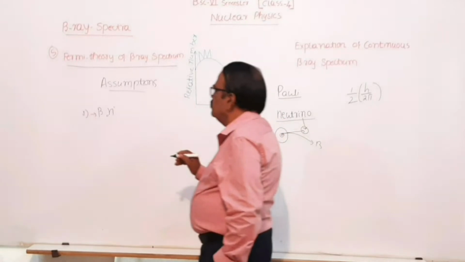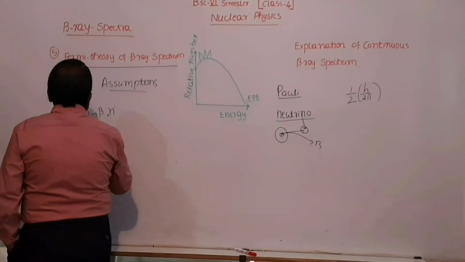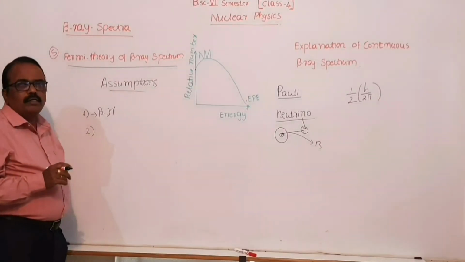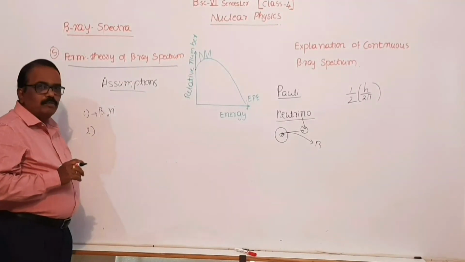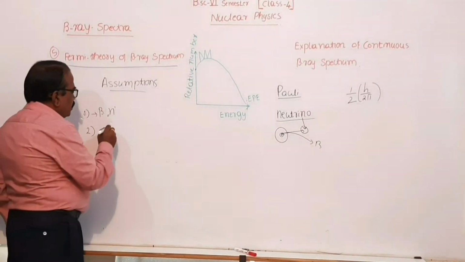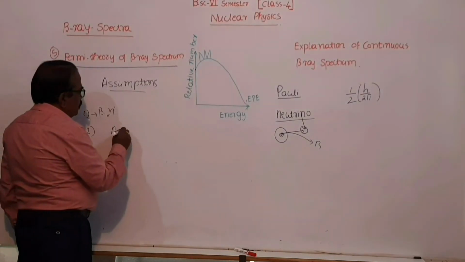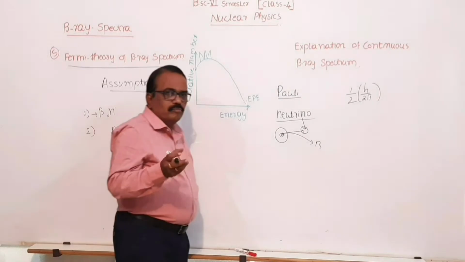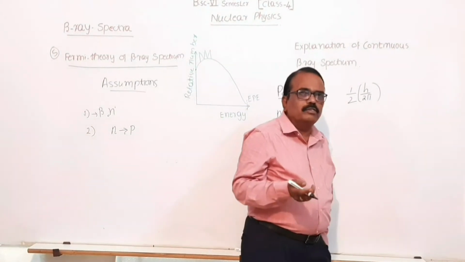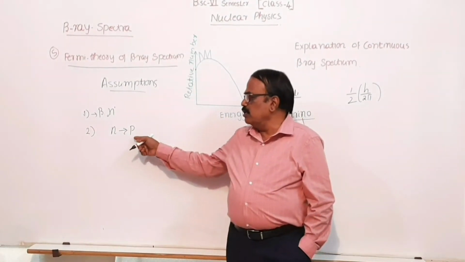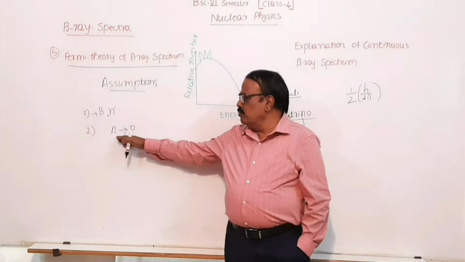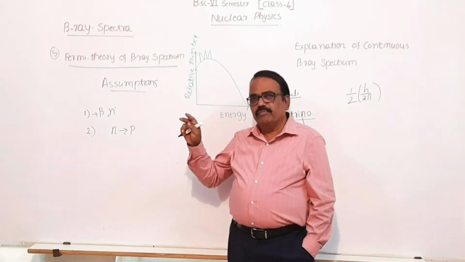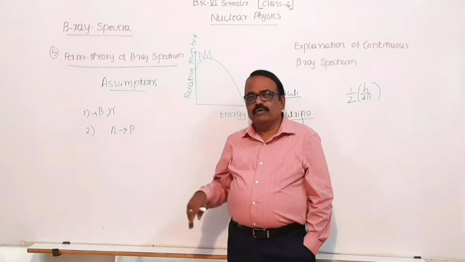Then the second one is, the creation of this beta particle takes place when neutron is converted into proton and vice versa. This creation of these particles takes place inside the nucleus. Neutron may be converted into proton inside the nucleus, and proton may be converted into neutron.